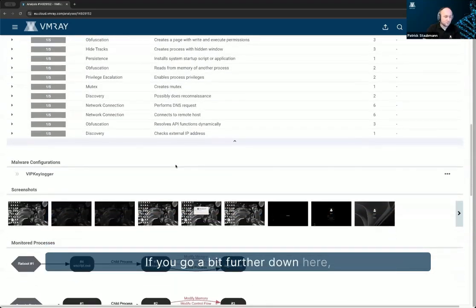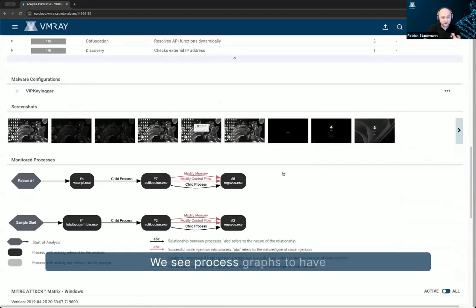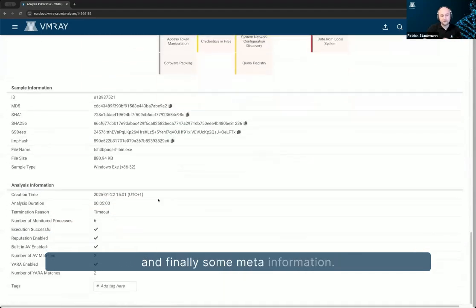If you go a bit further down, we see some malware configuration being extracted, even some screenshots to see what is going on. We see process graphs for a very quick and basic understanding, the MITRE mapping of course, and finally some meta information. All of these details are just the high level. We can, of course, go deeper as well.